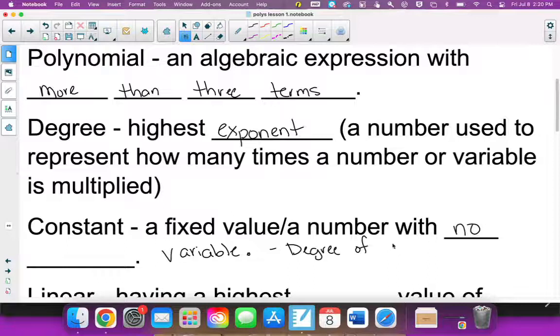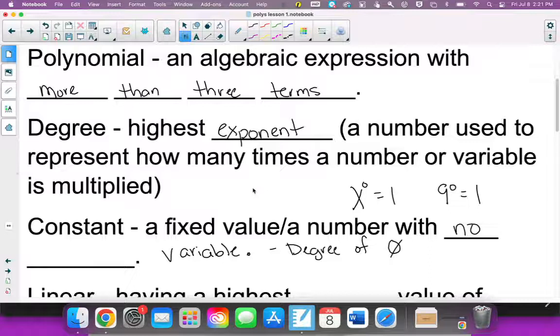Okay, so I don't know if you remember your exponent rules, but there is that rule about how anything that has a degree of 0 basically equals 1. So if I say x to the 0 power, that equals 1. If I say 9 to the 0 power, that equals 1. Okay, anything to the 0 power is 1.